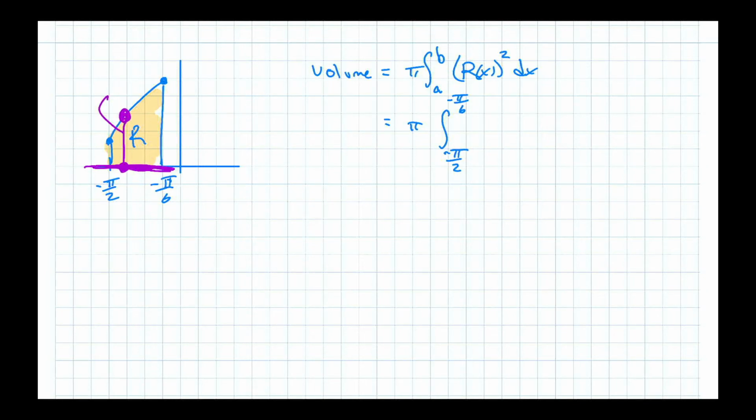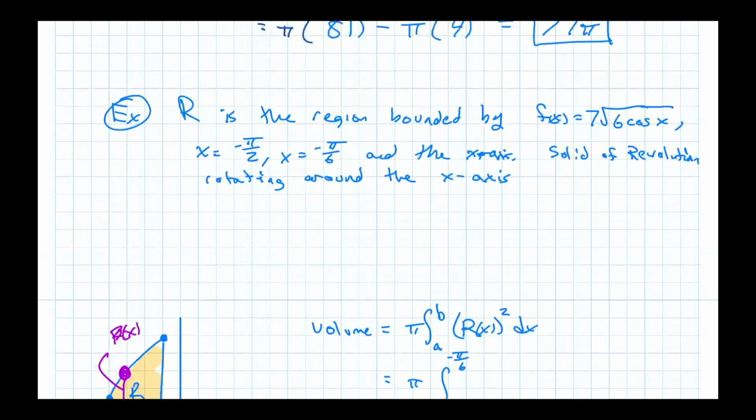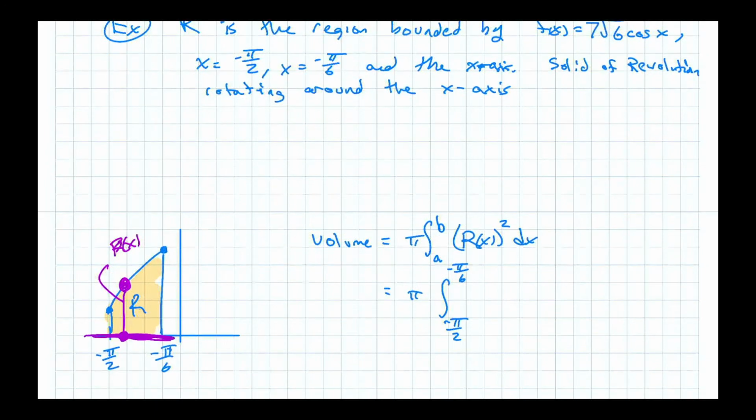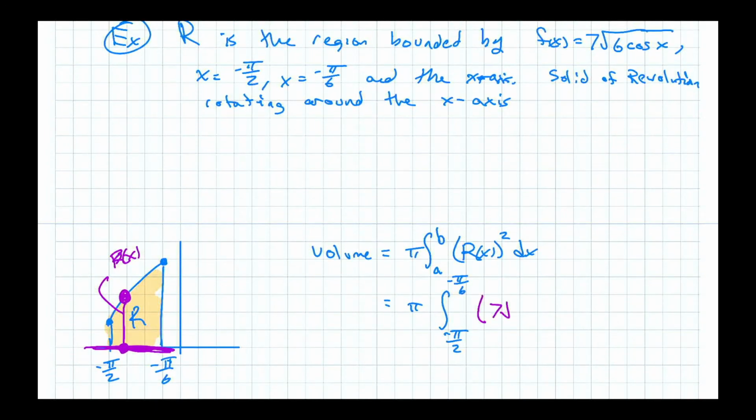The radius is r of x. R is the region. How are you going to measure this distance? Of course, from the x-axis to this y value is just that function. So you come up here, that's your r. So 7 square root 6 cosine x, squared.